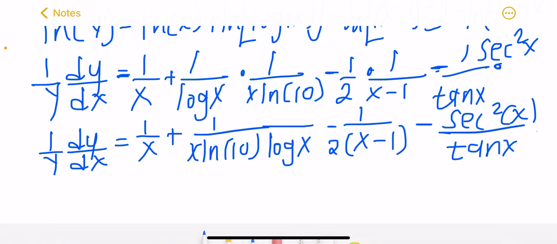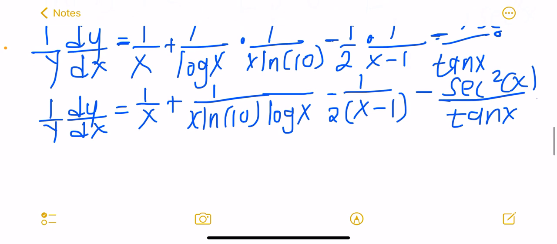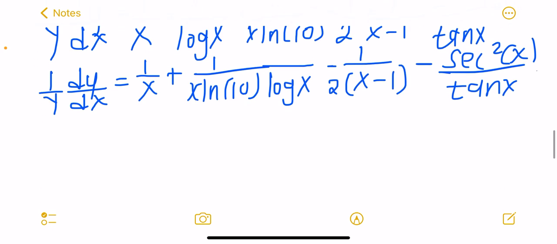Okay, so now all we have to do is to factor out dy over dx, or we can divide by 1 over y.